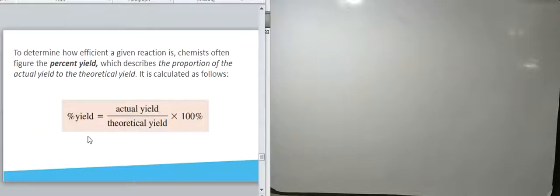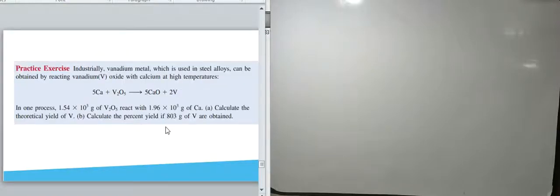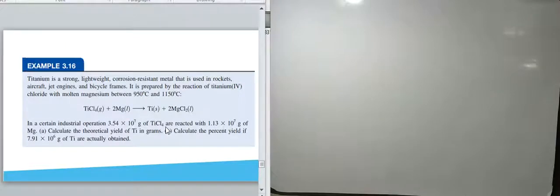To determine how efficient the reaction is, chemists often figure the percent yield, which describes the proportion of the actual yield. So percentage yield is actual yield over theoretical yield times 100. Okay. So we have here an example.